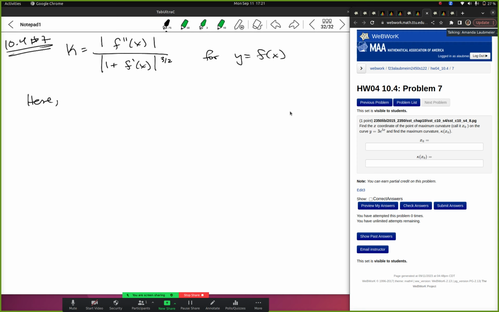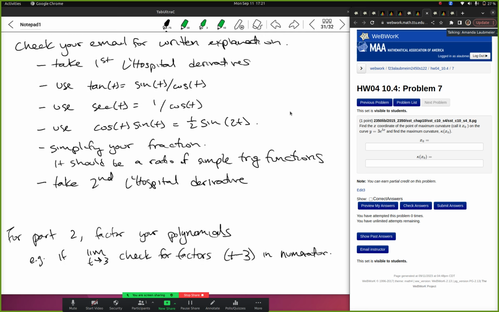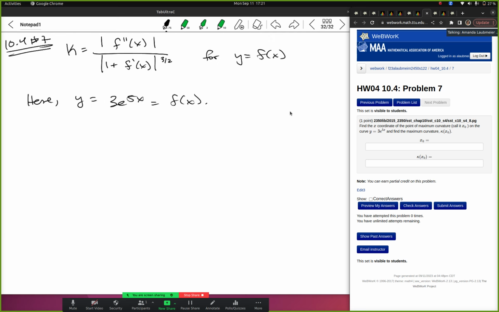So here y equals 3e to the 5x is our f of x. So we would go in order of derivatives.